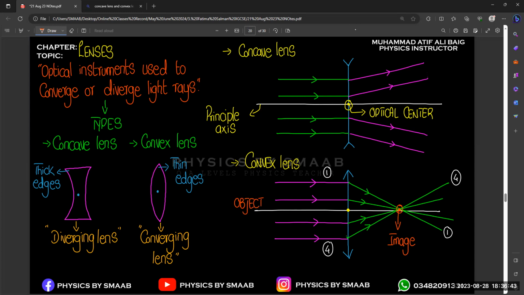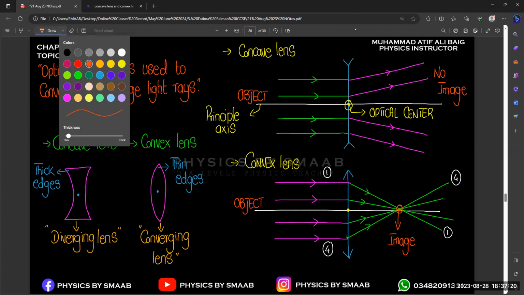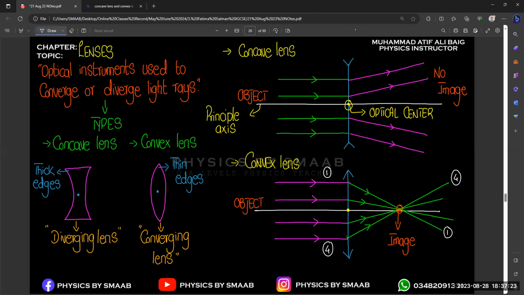And on the left hand side we have the object, and the same goes for the concave lens. The object is on the left hand side, and you can see that on the right hand side no light rays merge with each other, so it means there is no image on the screen. So we get no image on the screen, and what we need to do is extend these lines in the backward direction like this. Then you are able to get the virtual image.